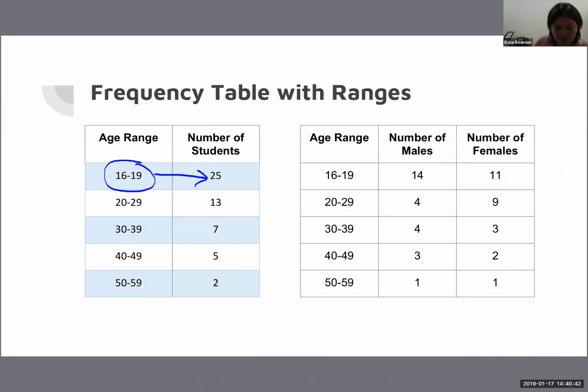This one is a little confusing because instead of knowing exactly what my data is, I just know about what it is, because I know what range it's in. I saw a problem the other day that gave someone a frequency table like this and asked, what could the median be? Not what is the median, but what could it possibly be?